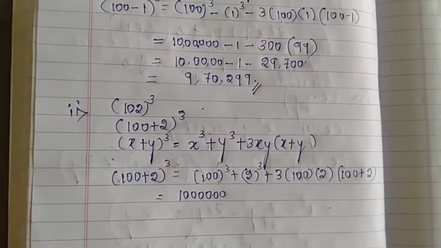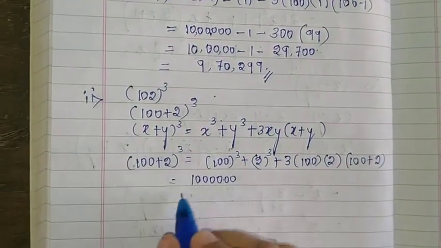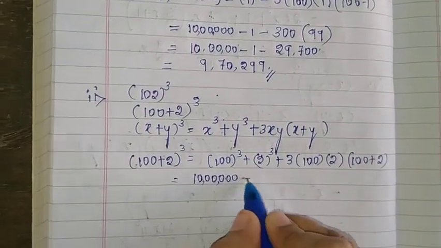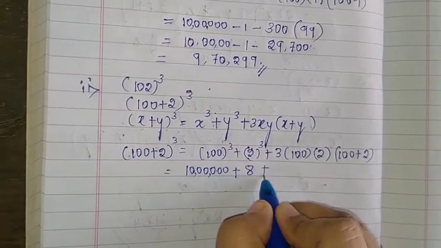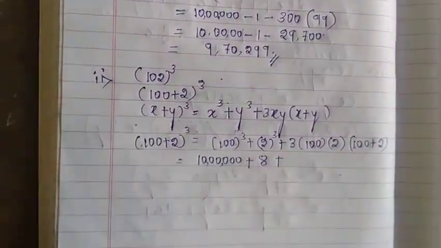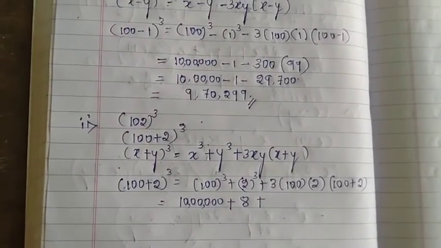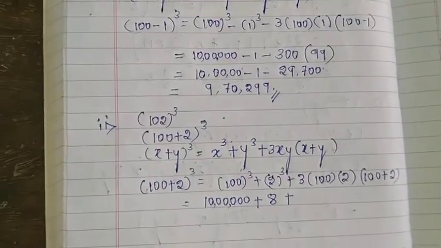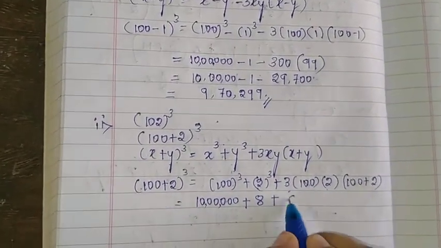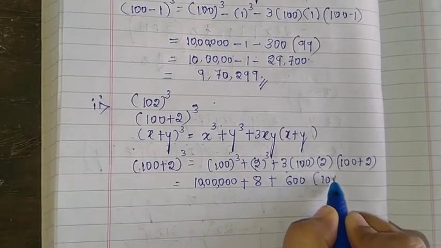Here also the same thing you have to do, plus 2 the whole cube is nothing but 8 plus 3 into 100 is nothing but 300, right? So 3 into 100 is here 300. So after that you can see here 300 into 2 is nothing but 600 into 102.